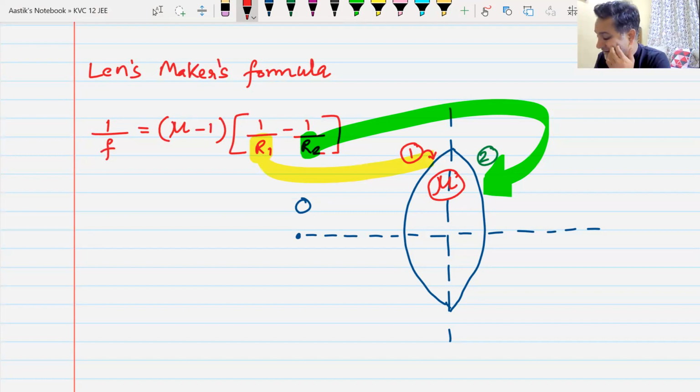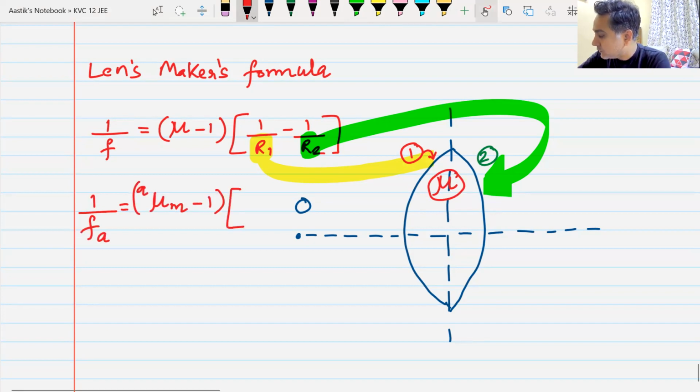So if I write it like this, it actually means the focal length of the lens in air, because this is the refractive index of the medium with respect to air, minus 1, into 1 by R1 minus 1 by R2.